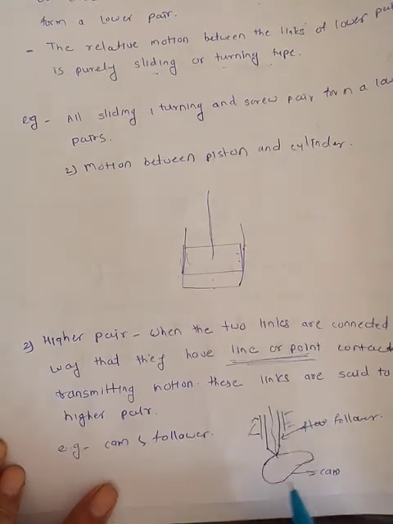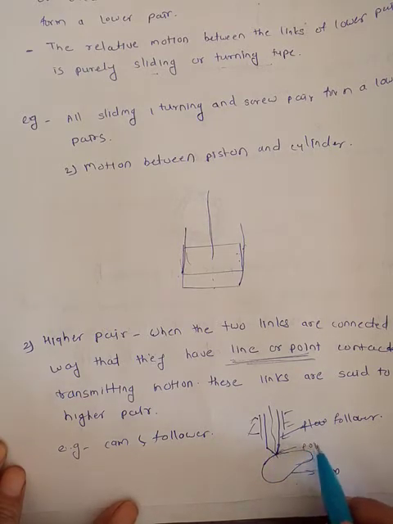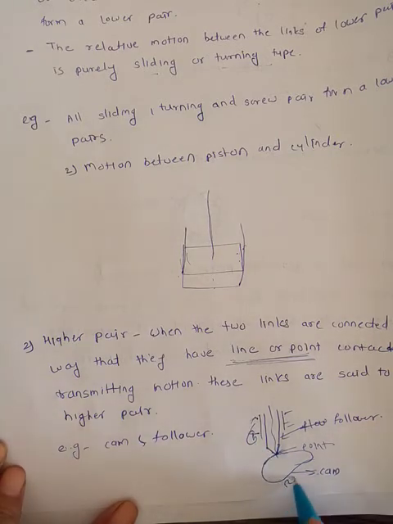Okay, this is the cam and follower. While this cam rotates, the follower will oscillate from the cam, so that there will be a point contact. The relative motion between this pair is called the higher pair.